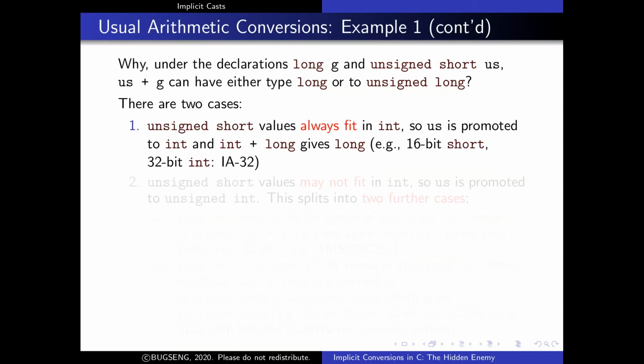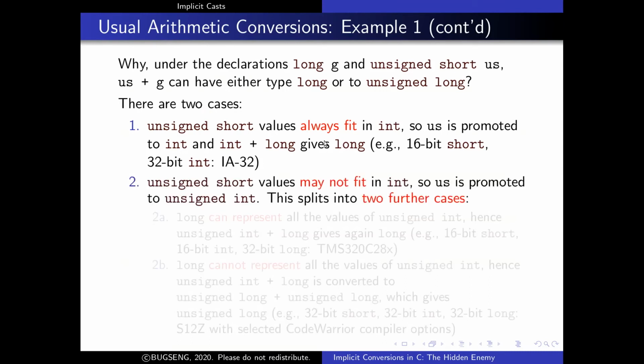So US, the unsigned short, is promoted to int, in which case this will become int plus long, same signedness. We use the type with the highest rank, so long. So we will have long plus long, which gives long. An example of such architecture is Intel Architecture 32, also called x86. Okay, very common.